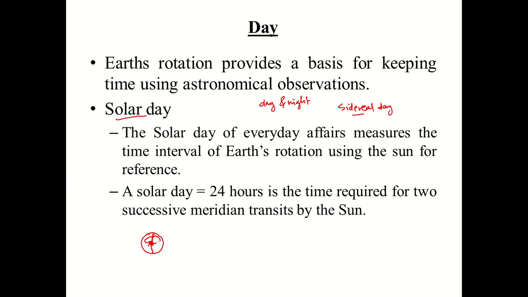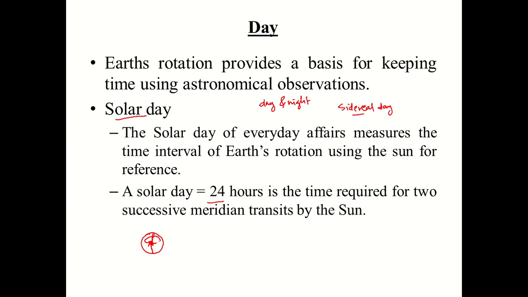And we know that we are taking the solar day as 24 hours. So this 24 hours actually does not represent the true period of rotation of Earth about its own axis.